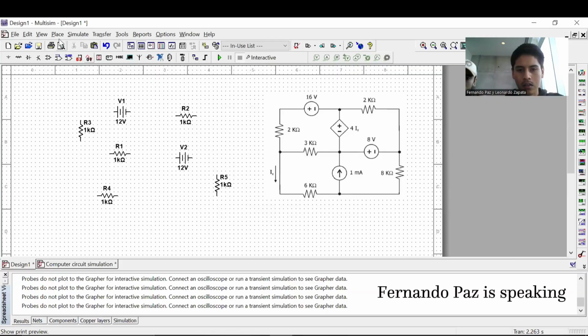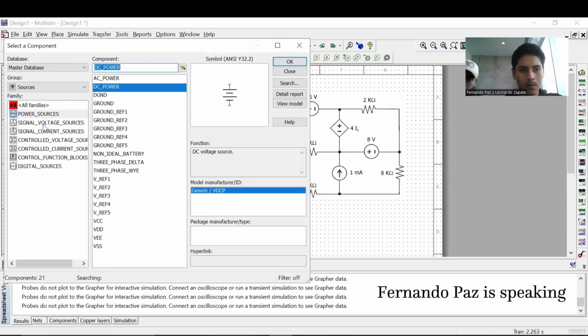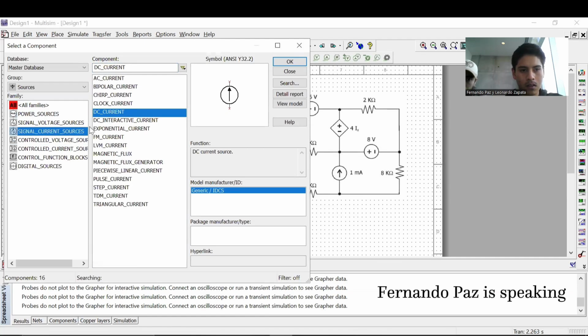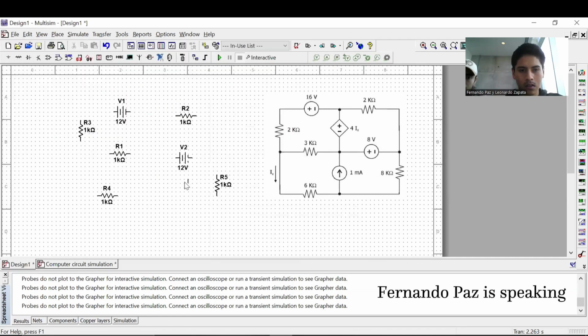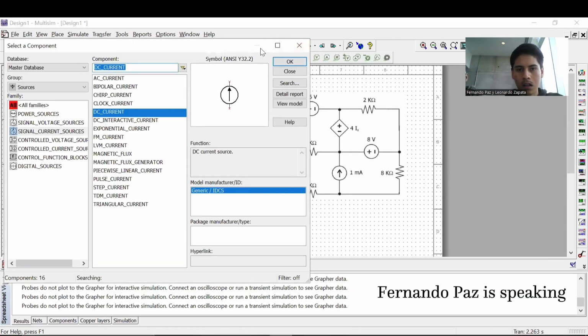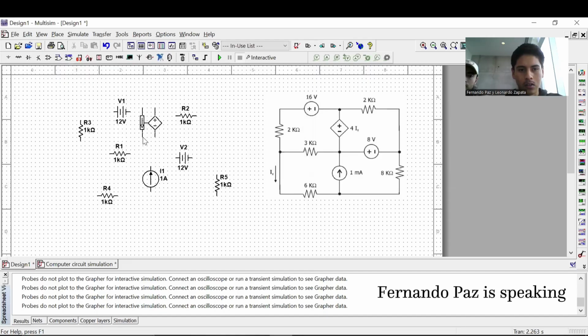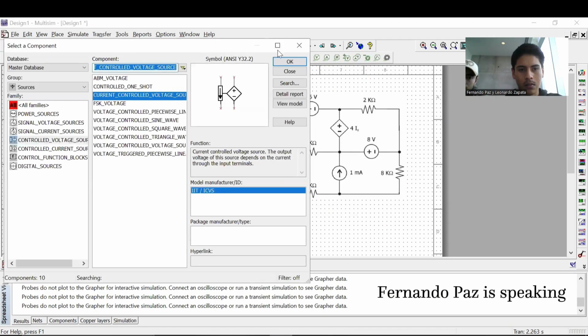And next, this current source. Here it is. I'm going to place it here. And next, the current controlled voltage source. I'm going to place it here.